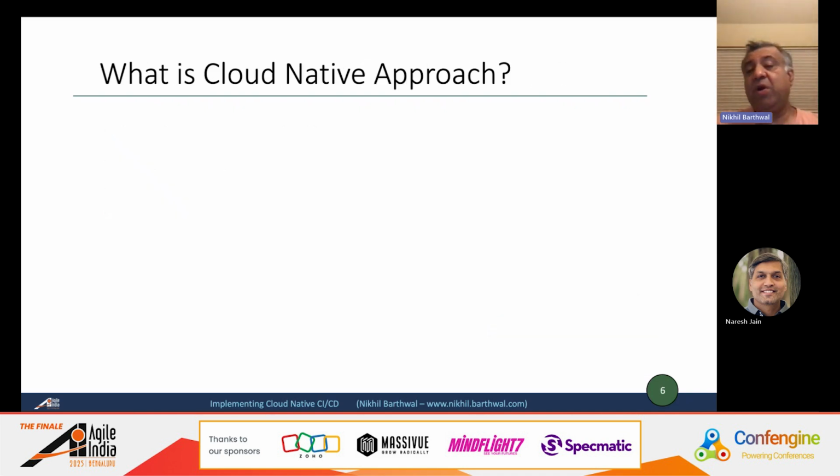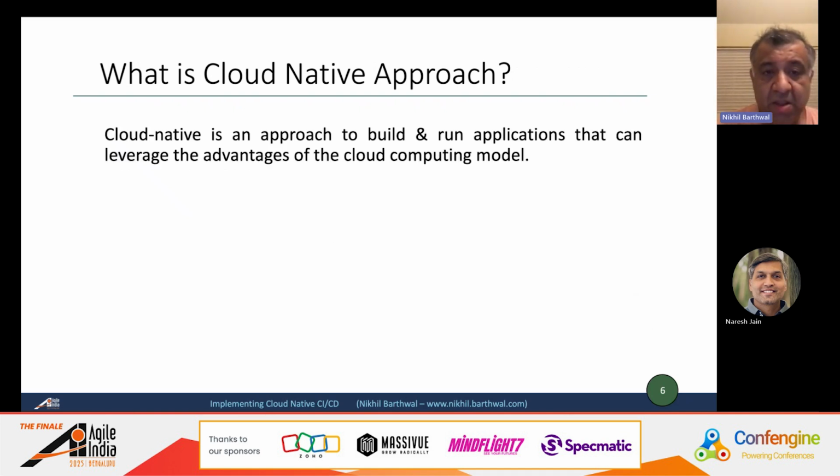So now we go into cloud native. We have already defined what cloud native is. Let's dwell a little more on it. Cloud native is an approach to build and run applications that can leverage the advantages of the cloud computing model. Fantastic, simple definition. Now, I would also emphasize here that when you're talking about cloud native, you're not talking specifically about public clouds like AWS, GCP, or Azure, right?